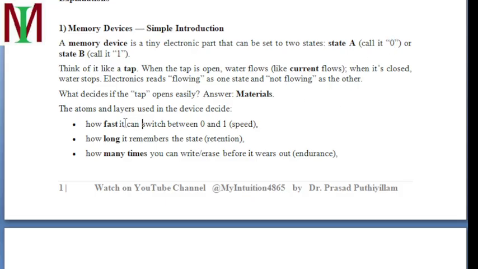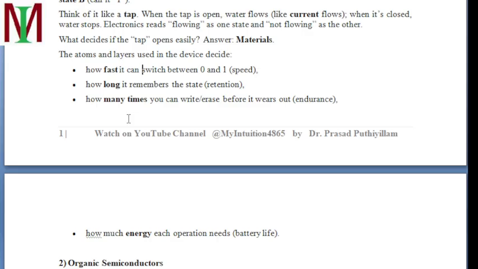Okay, so now what decides the flow on such electronics? The answer is materials. The chemistry of materials, which is called material chemistry or material science, is very important. It will decide how fast it will go, how long it will remain, how many times we can use it, and how much energy it will give.